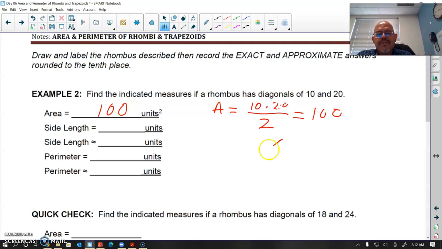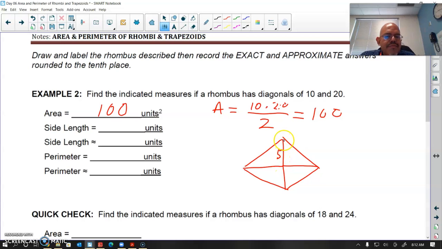Now, the only thing is we don't have a side length. We're given the diagonals. The first one is 10, so from this point to that middle point is going to be 5, and then this one is going to be 10. So we're going to use the Pythagorean Theorem. 5 squared plus 10 squared equals x squared, so it's 125.